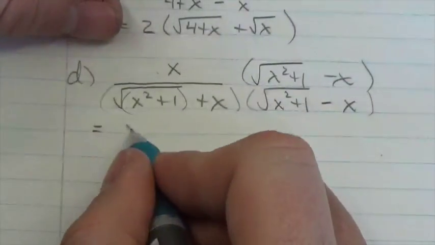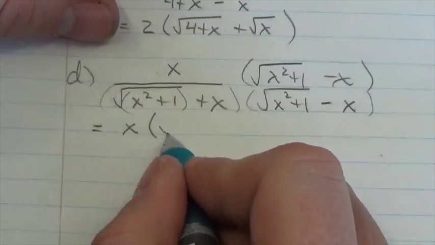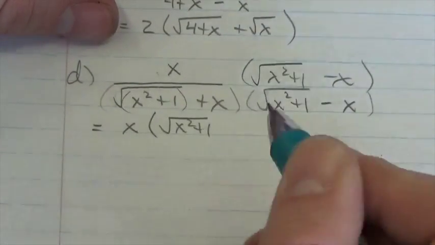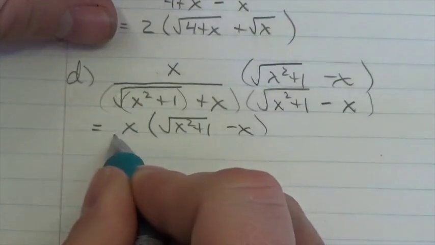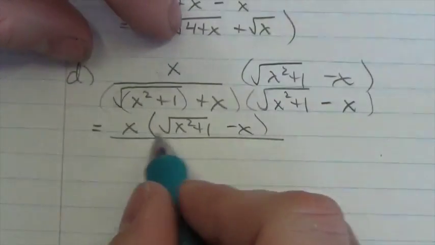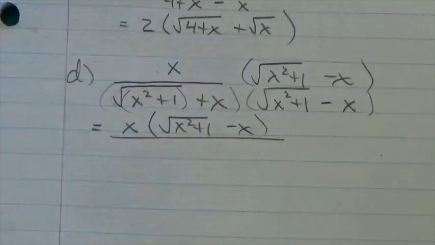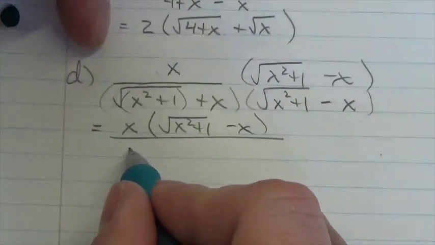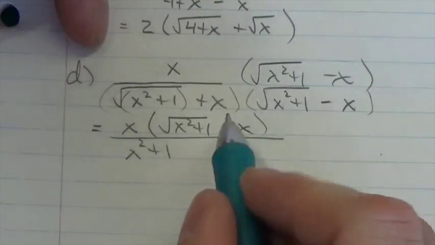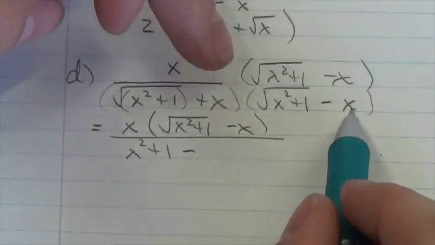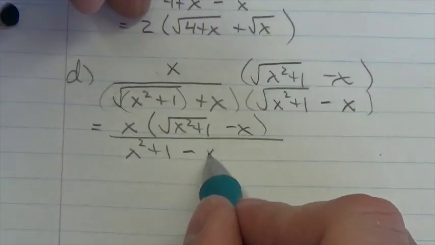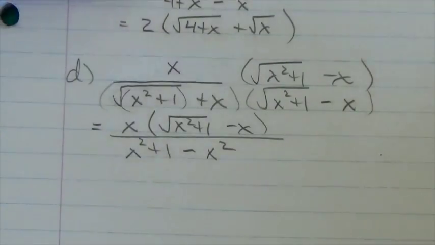Now up in the numerator, I would be very tempted to leave that x out front just for the time being to see what happens here. In the denominator, because I'm using binomial conjugates, and I've already shown you this pattern, when I multiply the first two together, the square roots will disappear. Subtract the square of the second term, so that's going to be minus x squared.